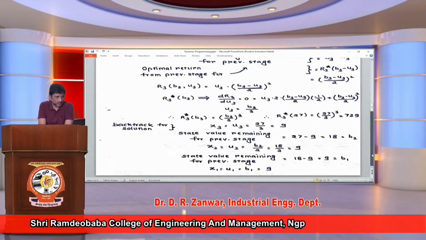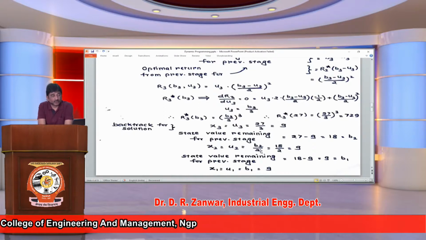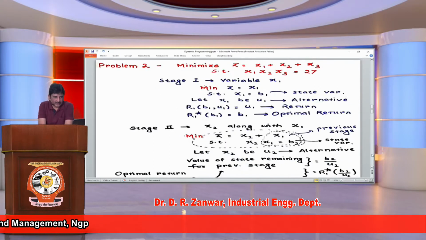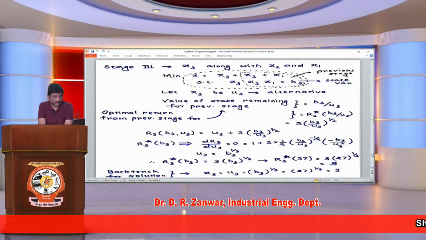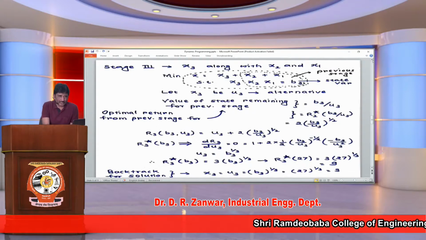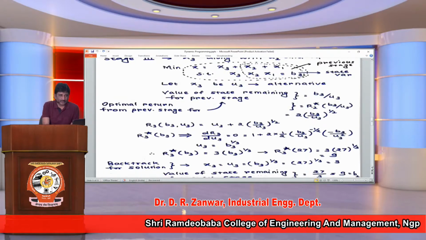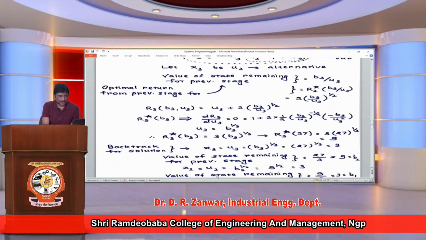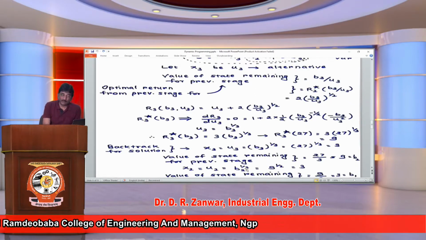I'm sorry, some mismatch has come, but if you connect to your second stage, there you will know that x2 is equal to u2, and u2 is equal to b2 to the power 1 by 2.